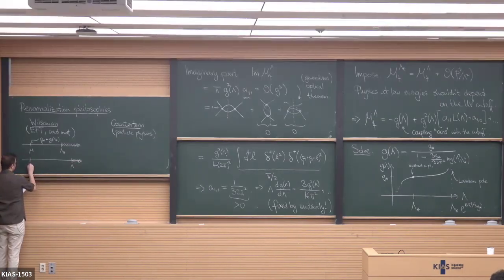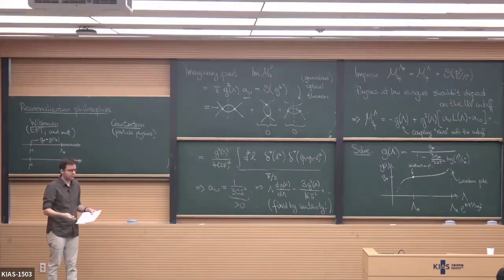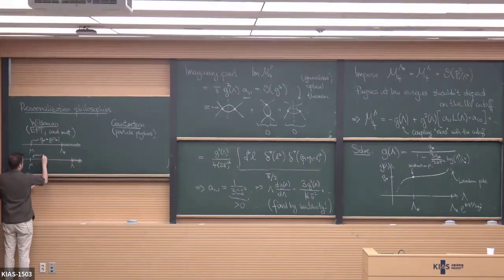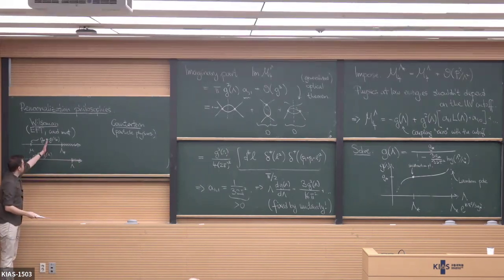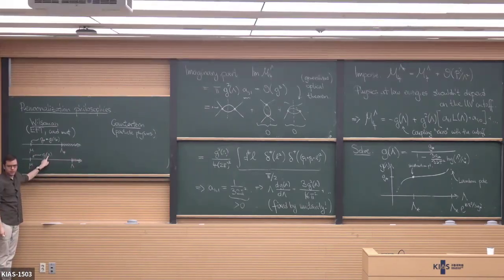So if I probe the theory at the same mass scale, what I have to do is that effect gets readjusted into a redefinition of the couplings. So this is what I call the new coupling, g of lambda. And from this perspective, the reason why g runs is that there's new physics that I'm taking into account that is built into my effective parameter.